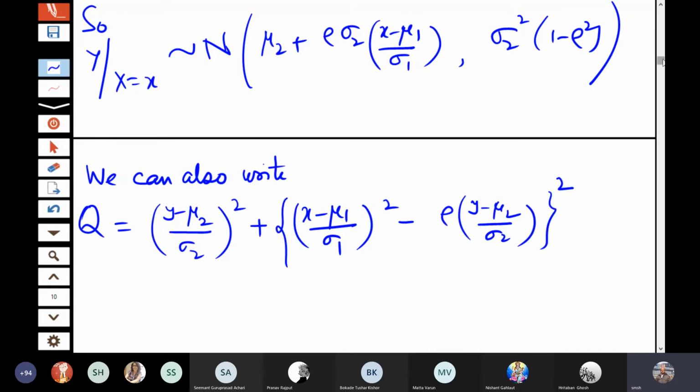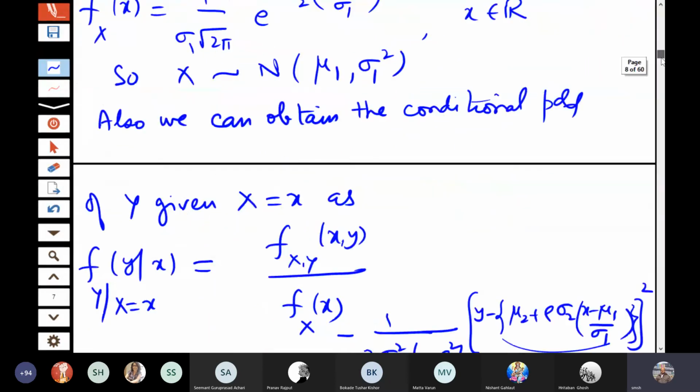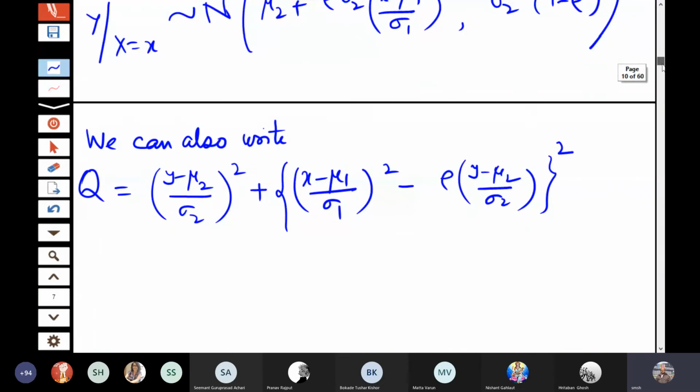You can just see it is exactly the same type of term that I wrote here, only the roles of x and y have been interchanged here. So I get this term.